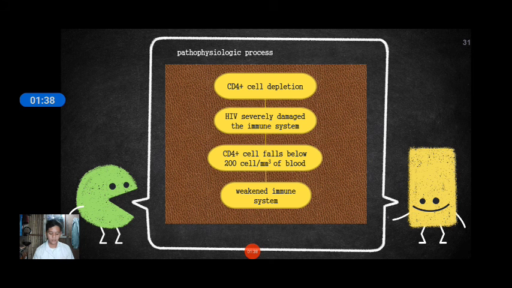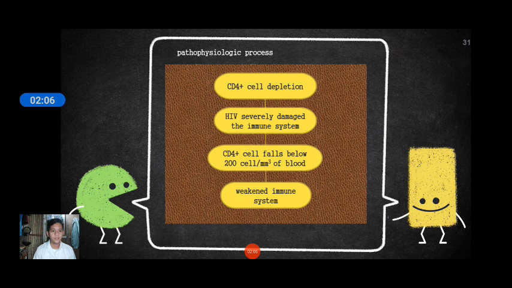CD4 plus cells are helper cells that activate B cells, killer cells, and macrophages when a specific target antigen is present. So yes, as I've said, when it depletes, we don't have enough army to fight off the virus. So that's when the immune system is severely damaged. Okay, we don't have enough defense to fight off the virus.